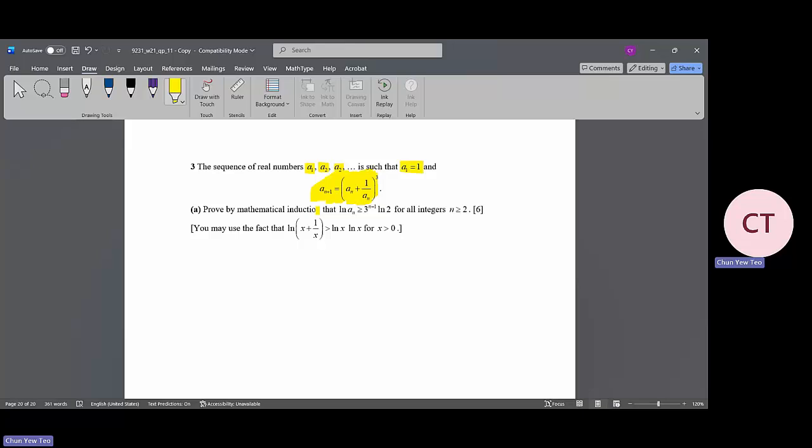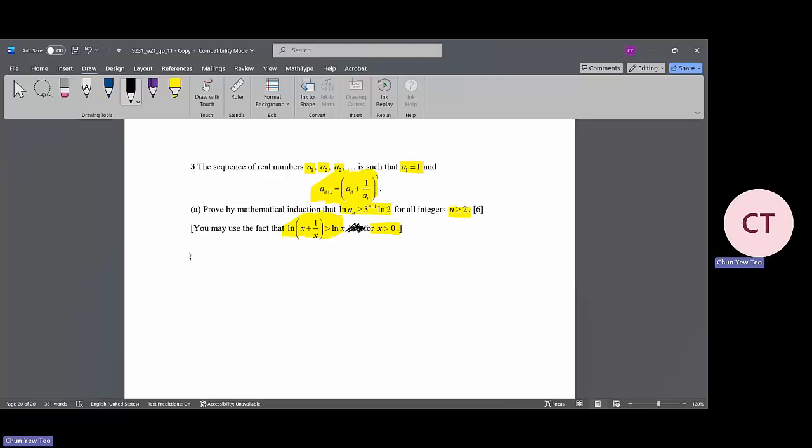Prove by mathematical induction that ln a(n) is greater than or equal to 3 to the power n minus 1 times ln 2 for all integers n greater than or equal to 2. And there's a hint over here: we may assume that this result is true for all x greater than 0. Typing error over here. Okay, so now let's take a look at how to prove it.